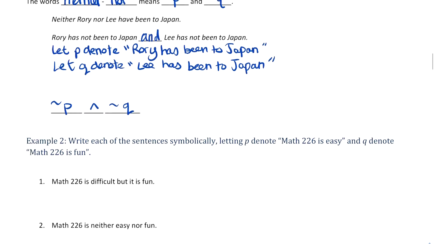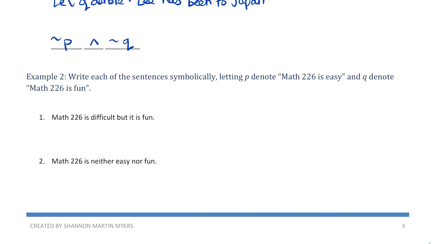All right, so now let's take a look at example 2. We want to write each of these sentences symbolically, letting P denote math 226 is easy and Q denote math 226 is fun. So the math 226 at my school is discrete math. All right, so math 226 is difficult, but it is fun.